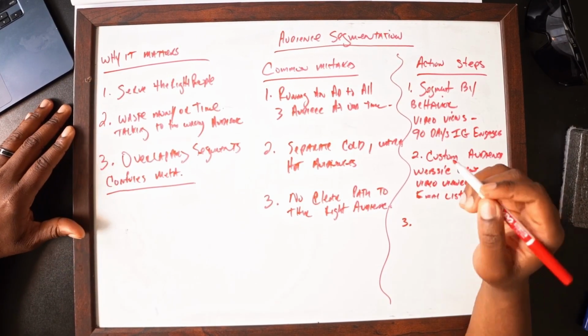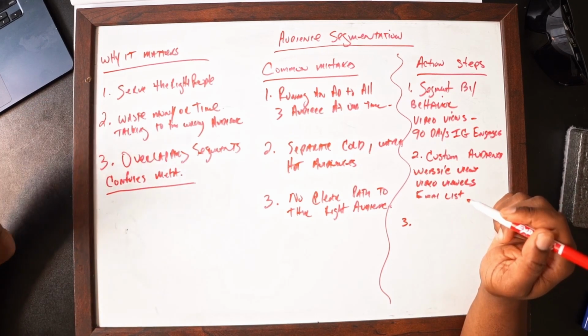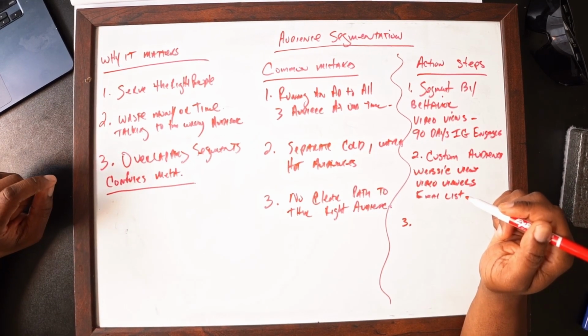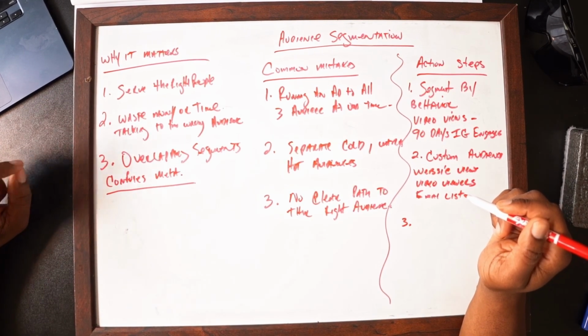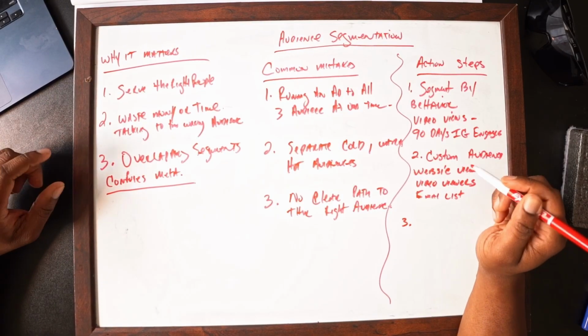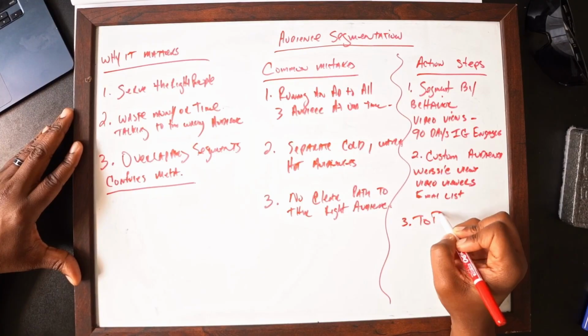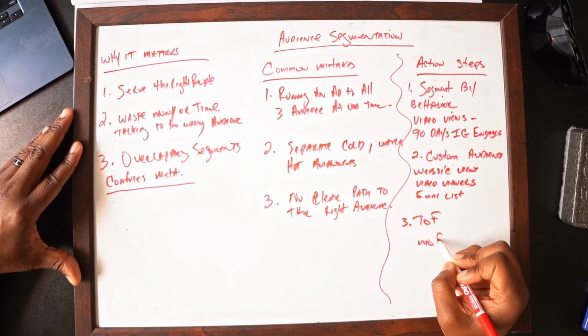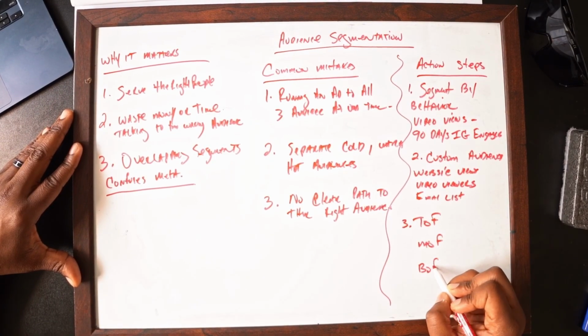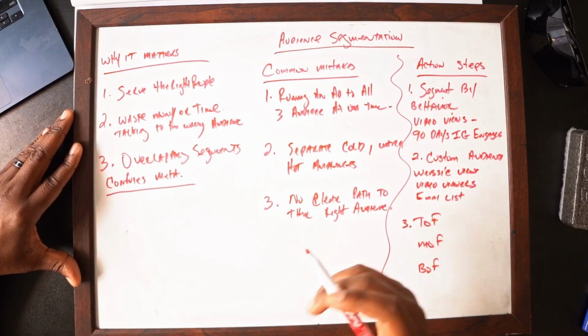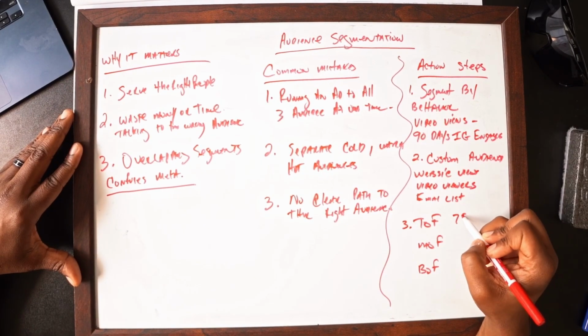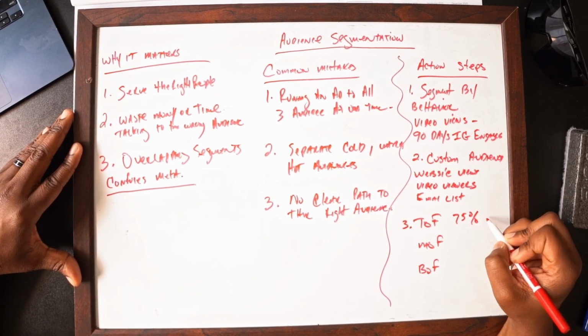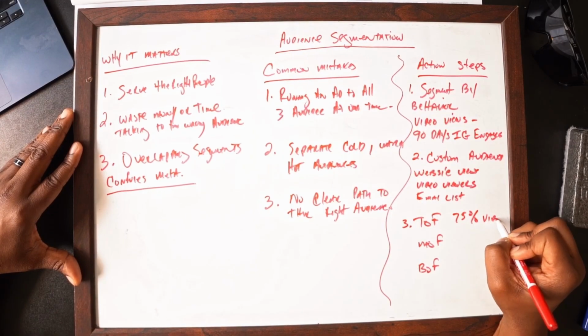Number three, my favorite, you have to label these custom audiences, right? And you have to label them the right way so that it's really, really clear inside of your ad manager. So my favorite is you have to label the top of funnel, you have to label the middle of the funnel, and then you have to label the bottom of the funnel. So the top of the funnel is usually 75% of people who watch the video, okay?